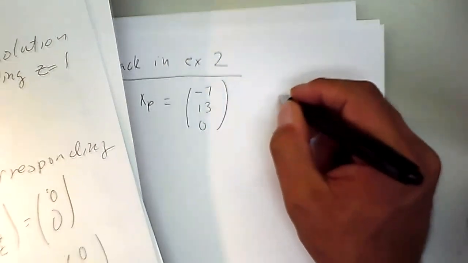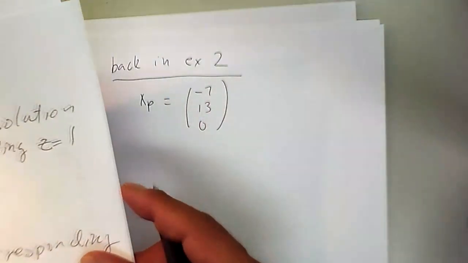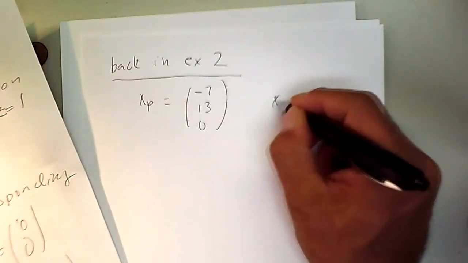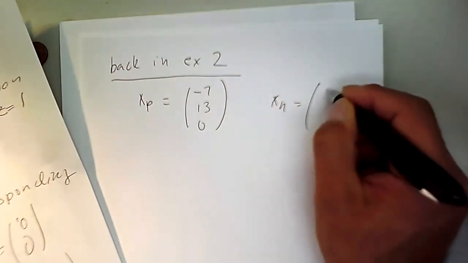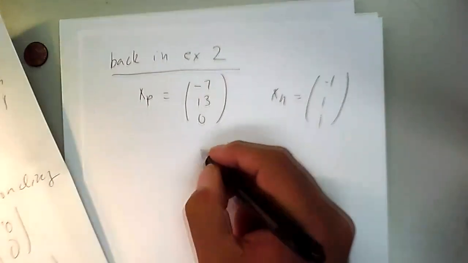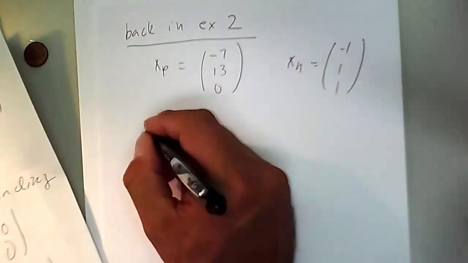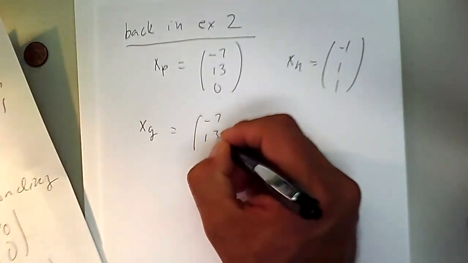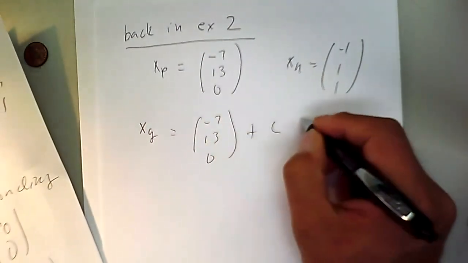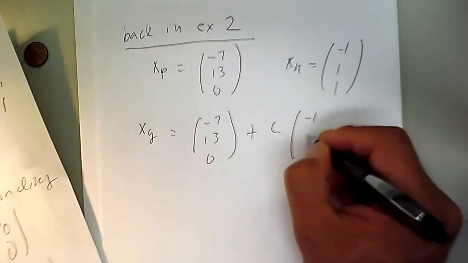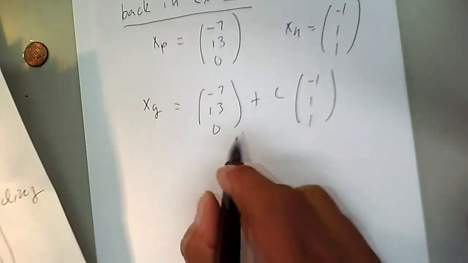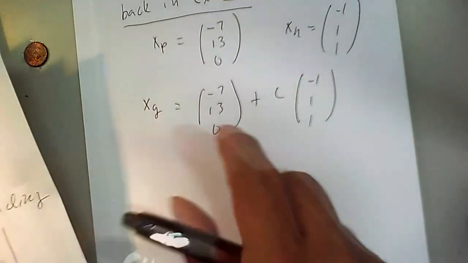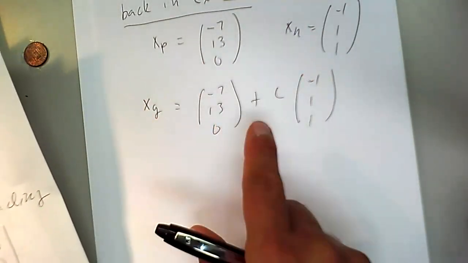And then we found the homogeneous solution. Still remember, negative 1, 1, 1. And then we consolidated them. So the general solution is negative 7, 13, 0 plus a constant times negative 1, 1, 1. That's the way we did example 2, which is the most general way of obtaining all the solutions.